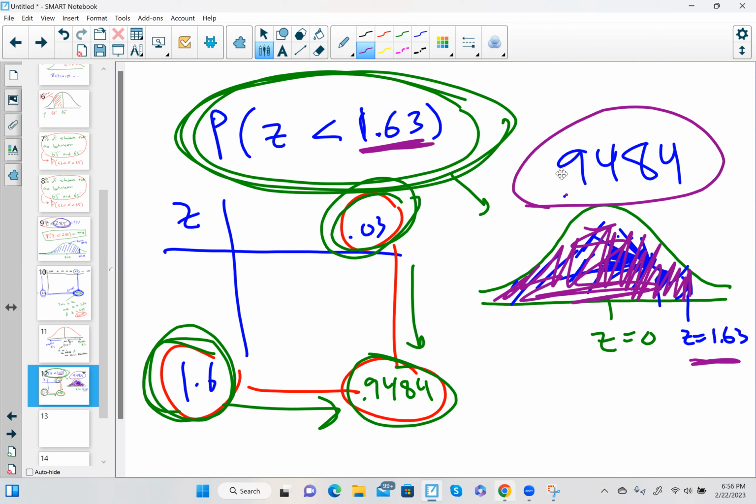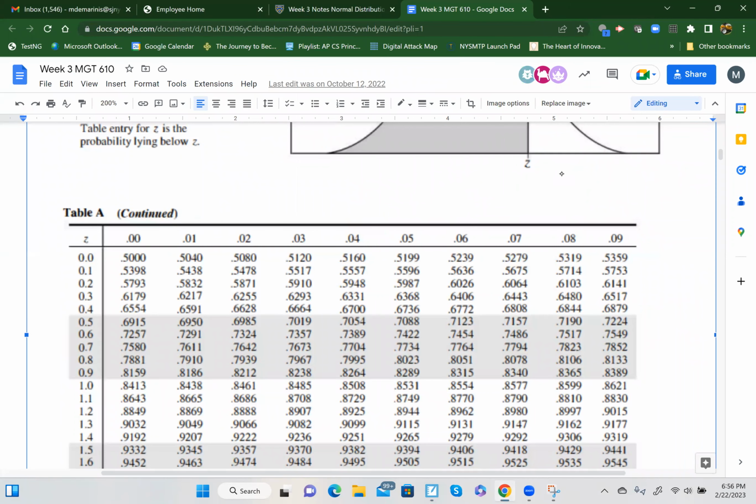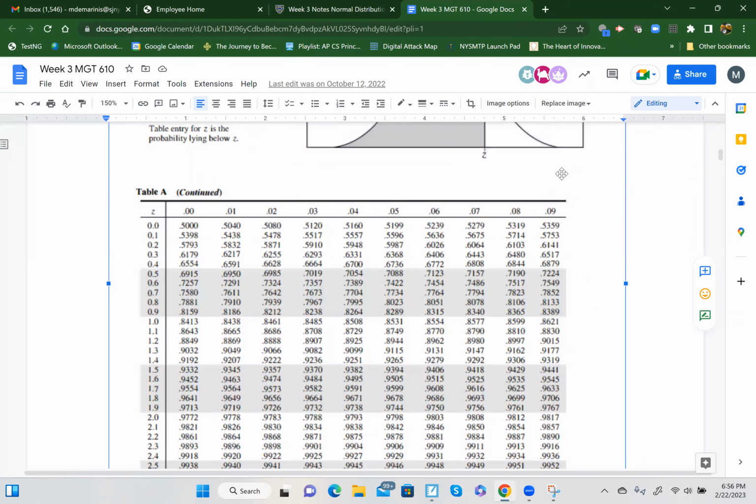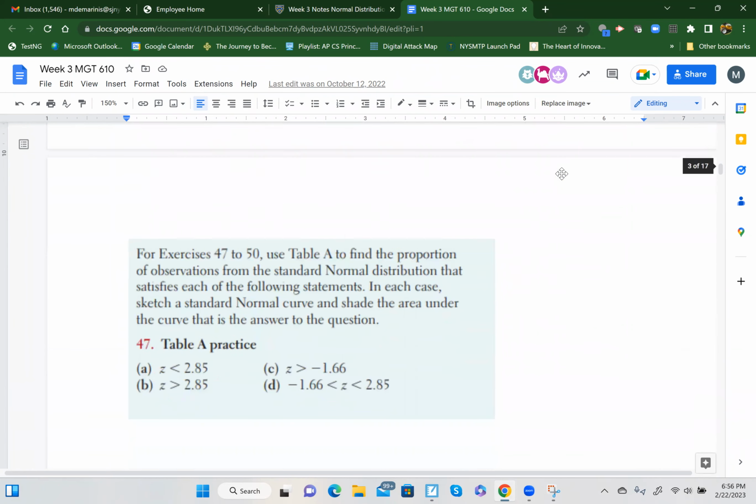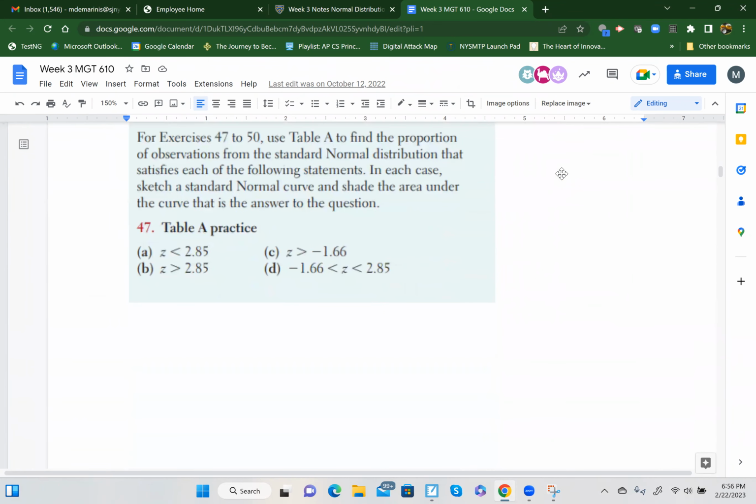All right, let's try some more, because there are other things we could ask when it comes to these kinds of questions. Part B says find the probability that Z is greater than 2.85. So that's going to be interesting to talk about.